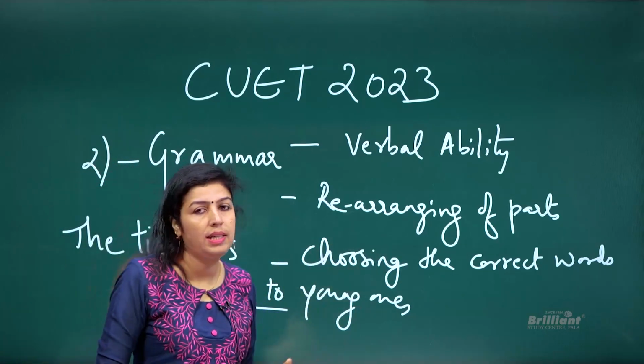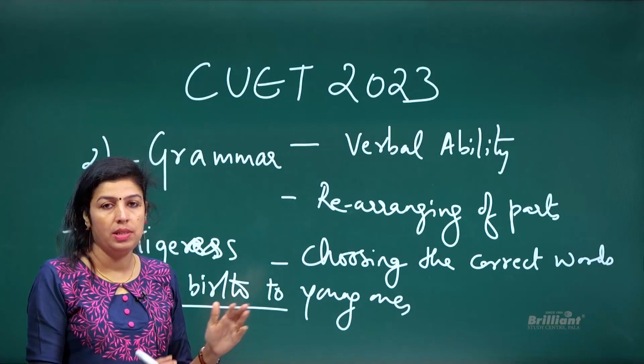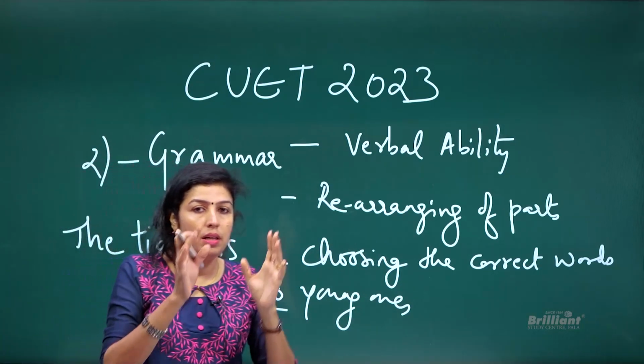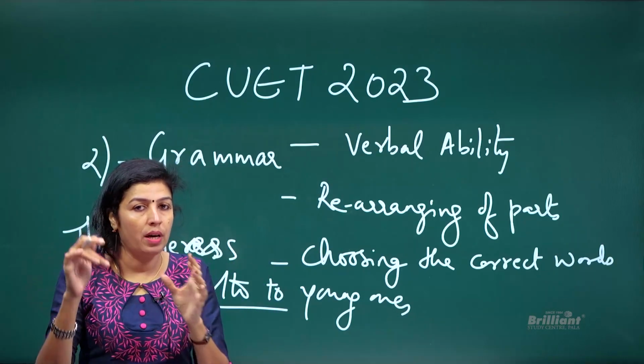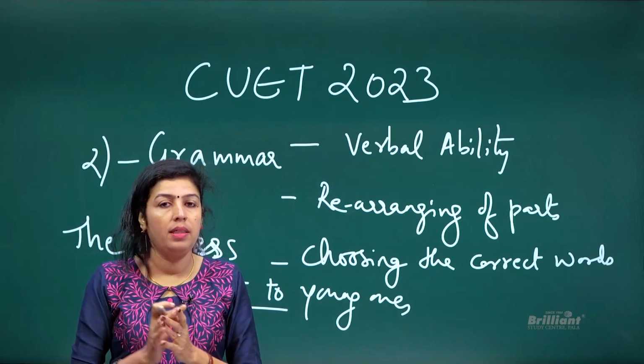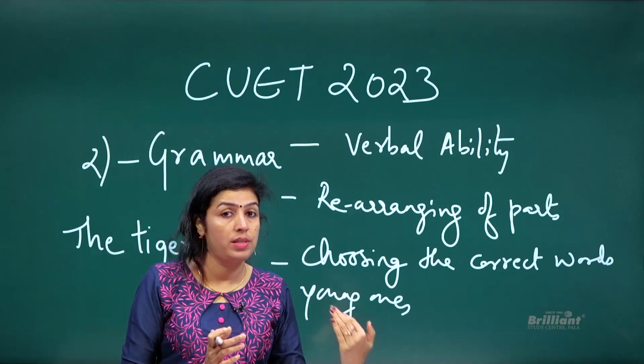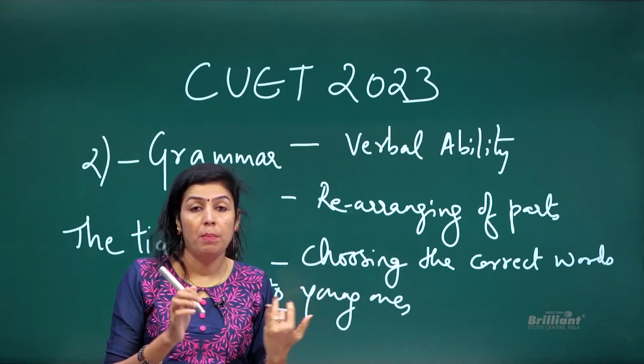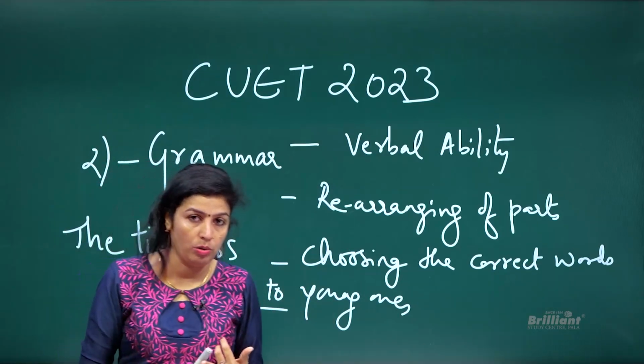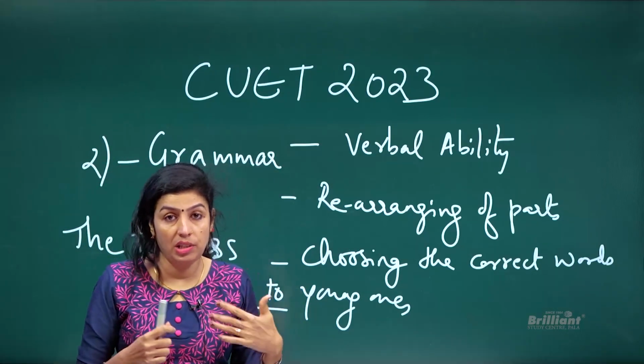Then choosing the correct words. Choosing the correct words could be like in the passage form where a few words are missing, and you have to insert those words from the given options, and those words could be prepositions, pronouns, and the different types of tenses.